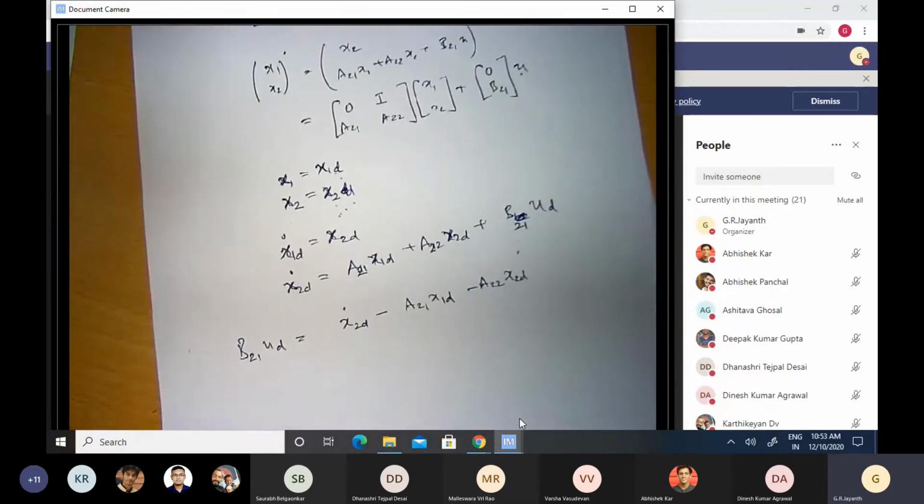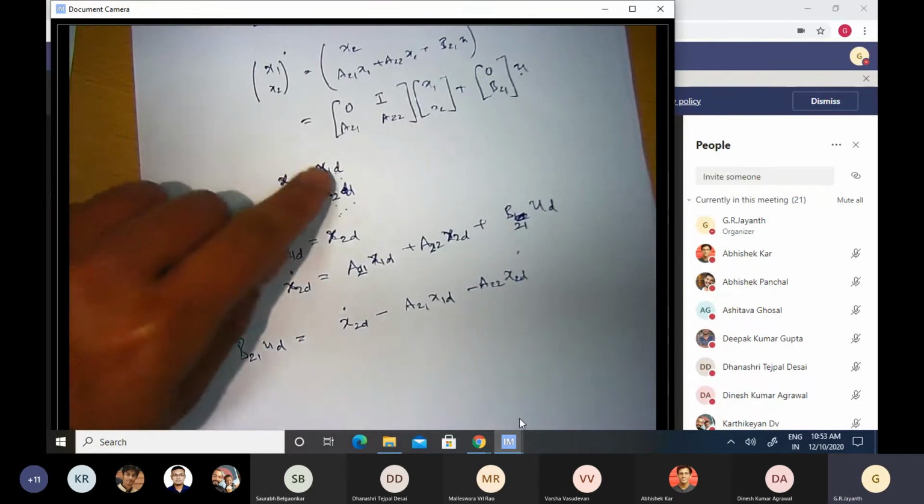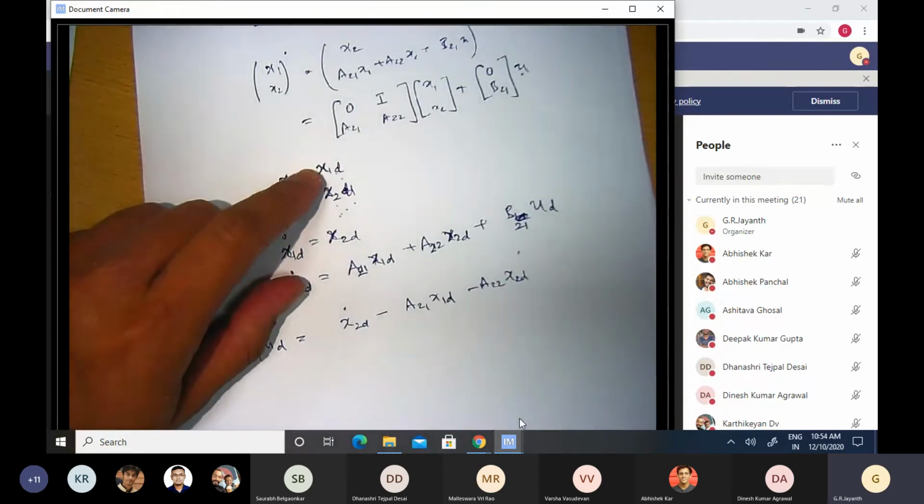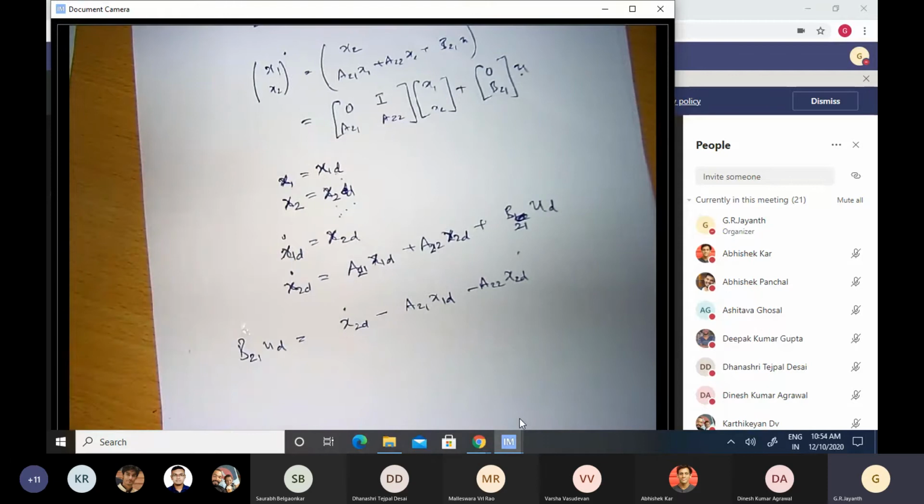If I apply this input, hopefully my states will assume values x1d and x2d.